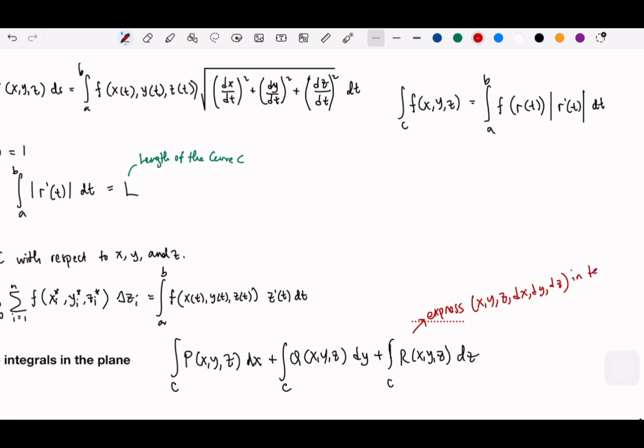We can express them in terms of parameter t.